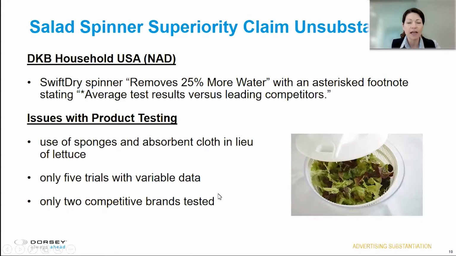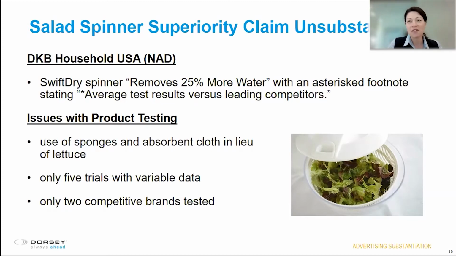In this case, DKB actually did hire an independent testing lab to do tests for them. This wasn't an in-house test. The testing was done on sponges and absorbent cloth in lieu of lettuce or produce. And there were many reasons stated for why that happened. Suffice it to say, the lettuce would degrade over time if used multiple times.